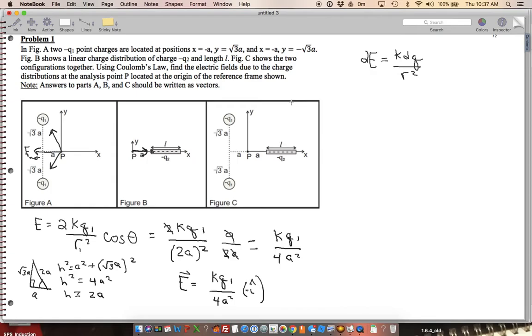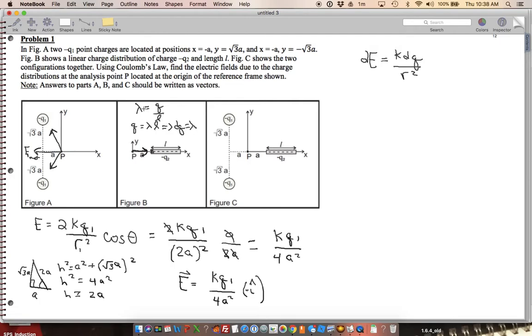Okay, well, let's think about this. We have this line of charge, and so we're going to use our lambda. Lambda is equal to Q, the charge, over L. So if Q is equal to lambda L, then that means that dQ is equal to lambda dx.